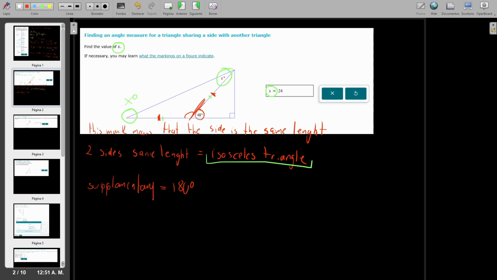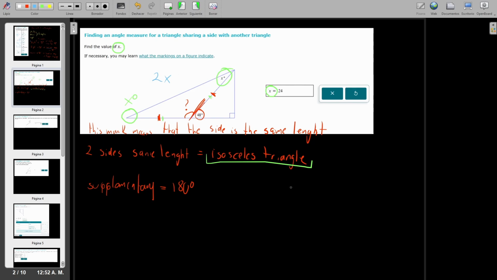That is correct. It is 180 degrees. So we're going to find the value of this angle in order to have the value of these two angles that have the value of x. That's why I add 2x.